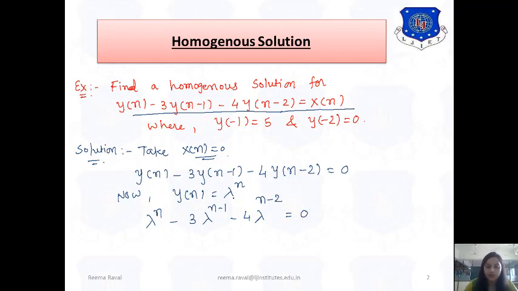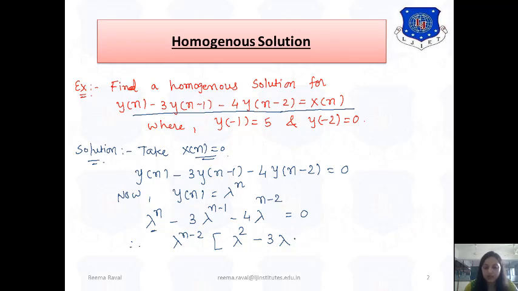to 0. Okay, now if I am taking lambda raised to n minus 2 common from the above equation, it will be lambda square. Why? Because to make the term over here lambda raised to n, this should be lambda raised to 2, right? So over here lambda raised to 2 minus 3 lambda, to make the term over here n minus 1.